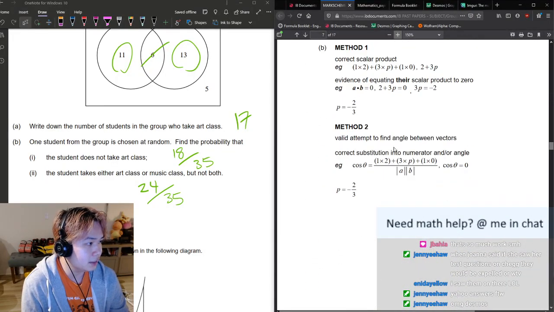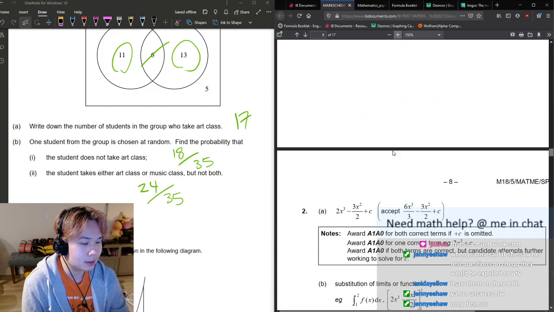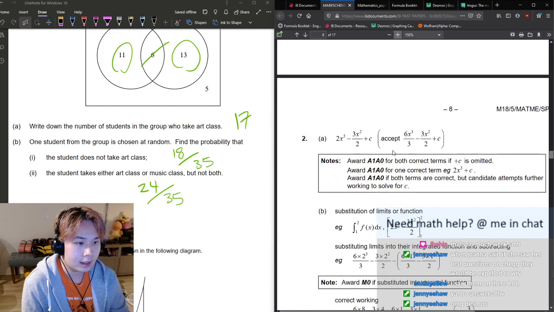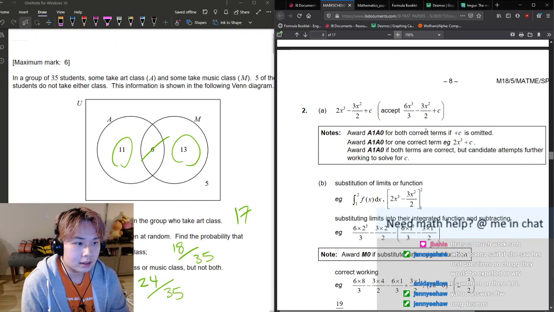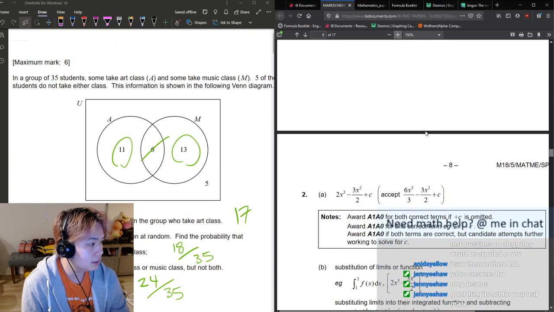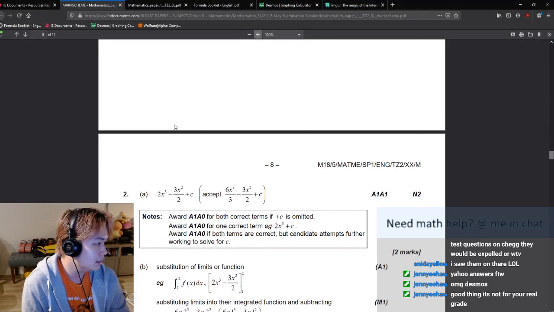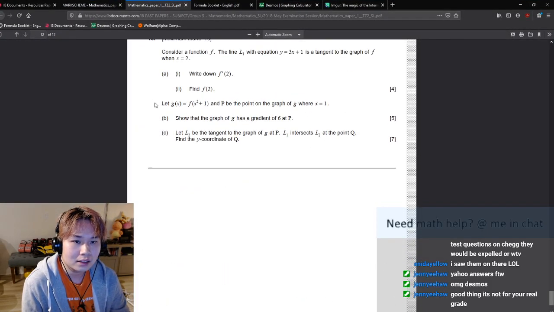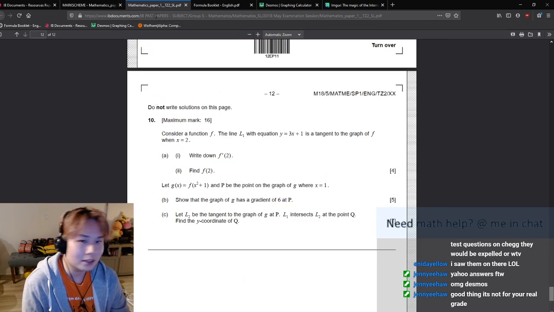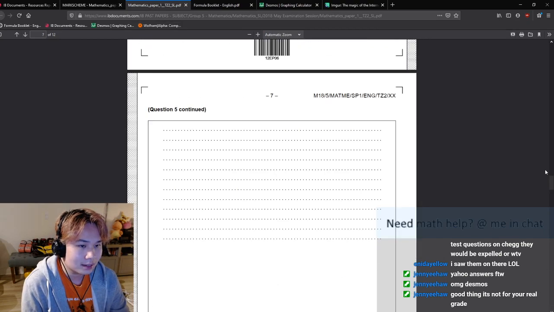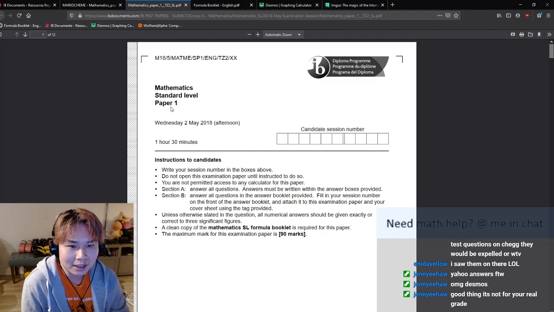Okay, I skipped the first one because it's vectors and that's no longer part of the curriculum. And then... Good thing. Oh shoot, wait, what? I've been doing a paper 1 this whole time? Oh shoot, I've been using a calculator.